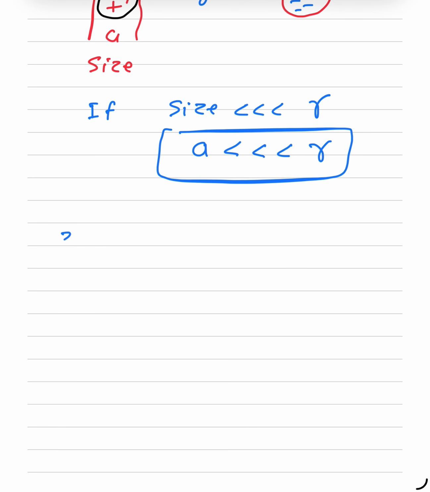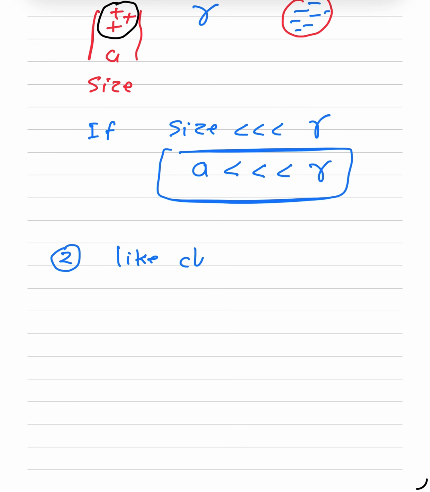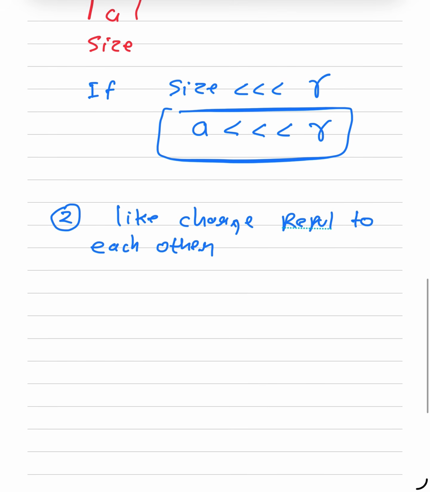And the second criterion of the Coulomb force: like charges repel each other, right, and unlike charges attract each other.